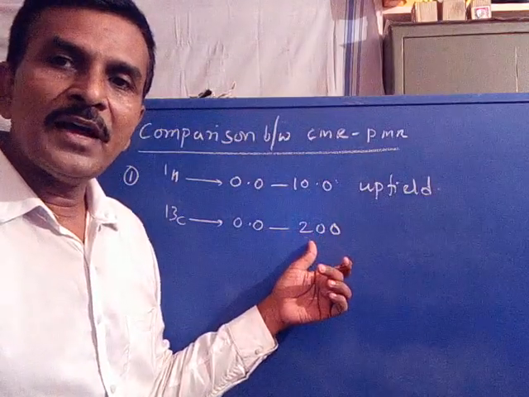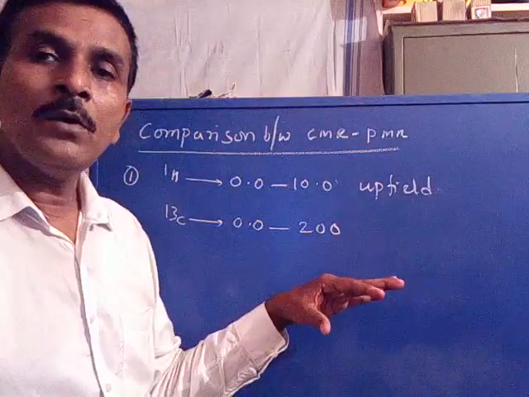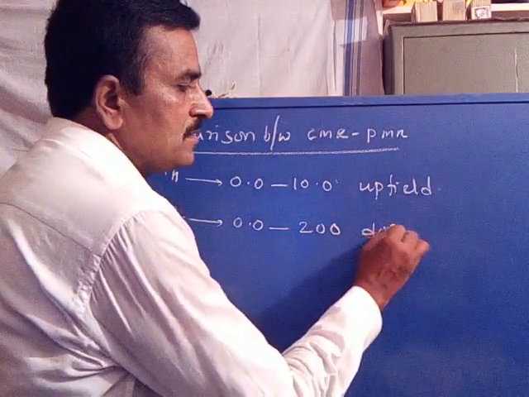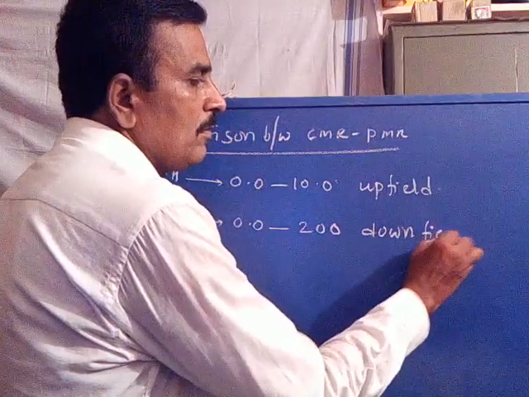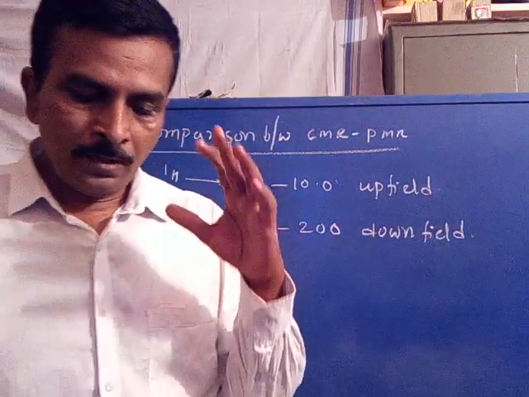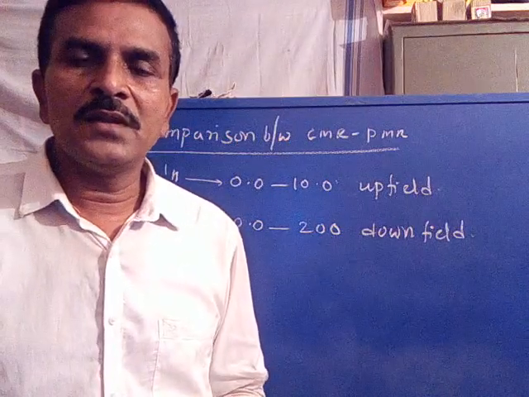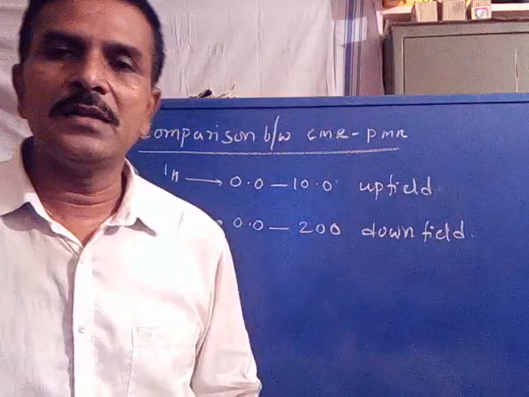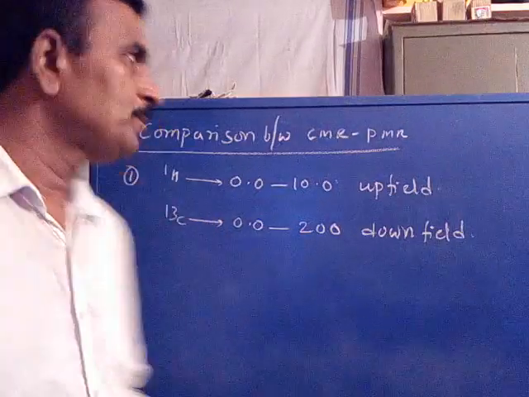Where the delta value is high, the absorption frequency becomes low, so these signals are downfield signals. Is it clear? So, always the proton signals appear at upfield value when compared with the carbon signals. Is it clear?